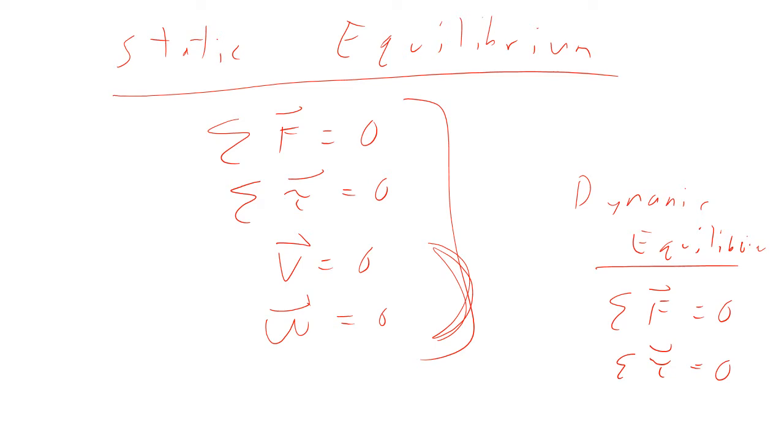It could be rotating, or it could be translating, or it could be doing both. And so, for example, an aircraft in flight would be in dynamic equilibrium. Okay. So that's the basic idea right there. That's equilibrium, and so next we're just going to do a few examples of equilibrium.